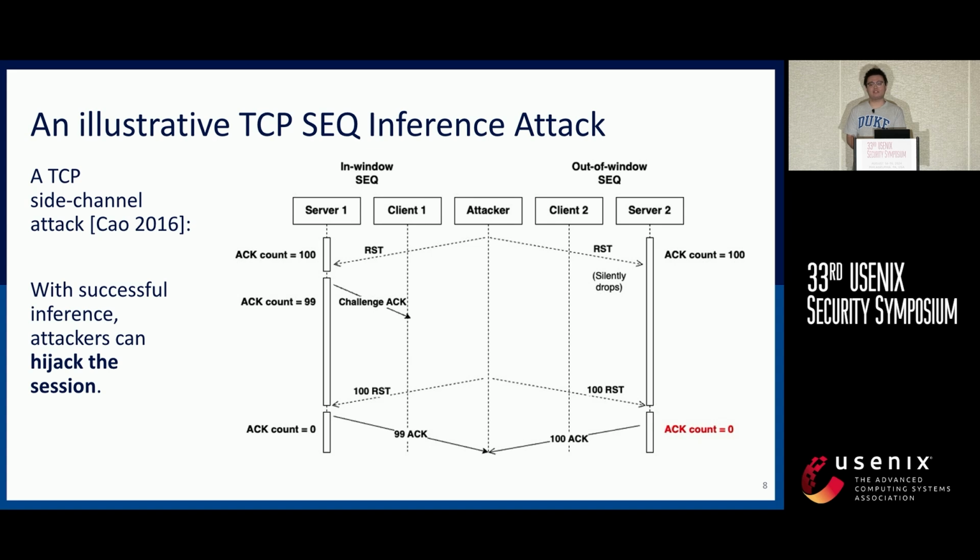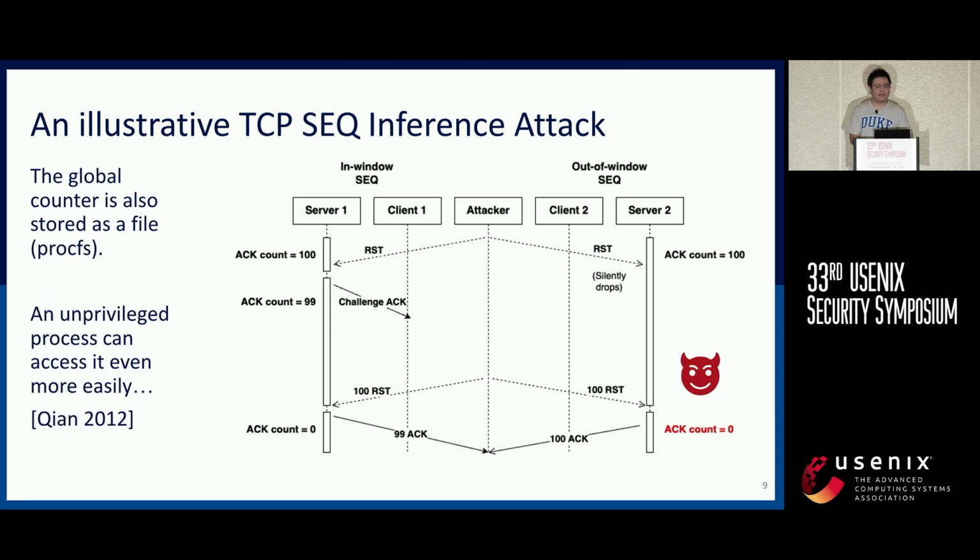Based on this observation, the attacker can launch an inference attack on the sequence number. And by knowing the sequence number, as we just talked about, they can potentially hijack your connection. In addition, it's noteworthy that such counters are actually stored as a file on the Linux file system, so an unprivileged process can access this even more easily.